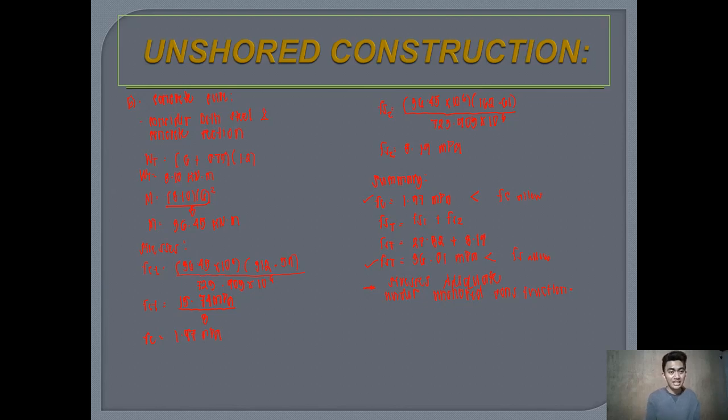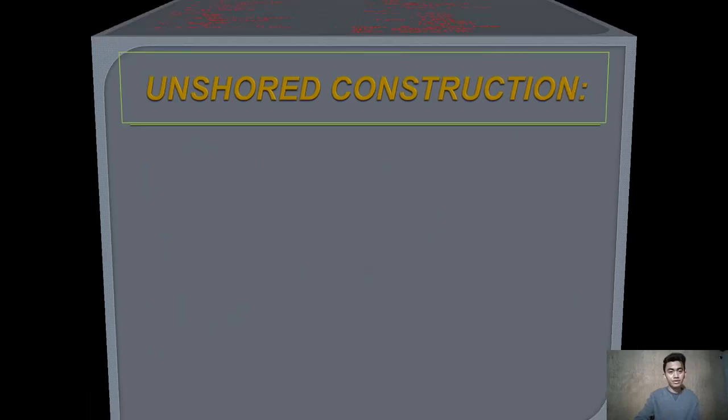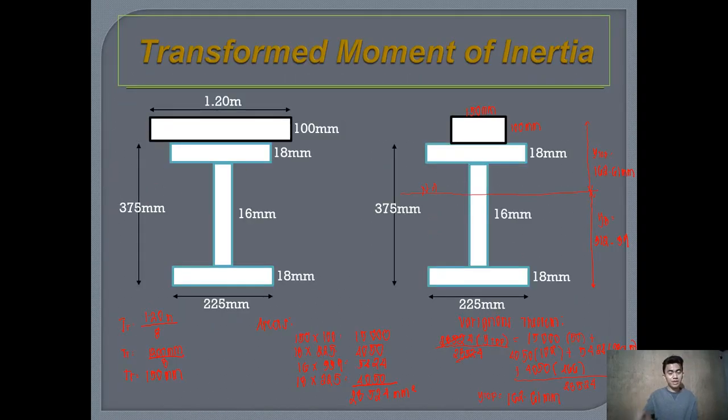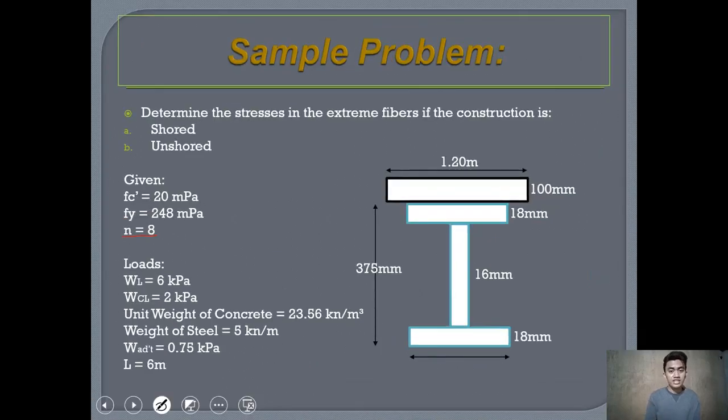Which means that for problem number 1, the stresses now in the extreme fibers for shored and unshored are adequate, which means it did not exceed the allowable stresses.